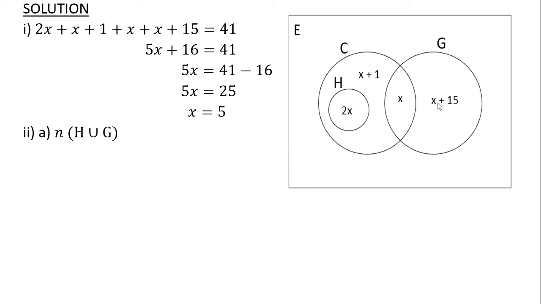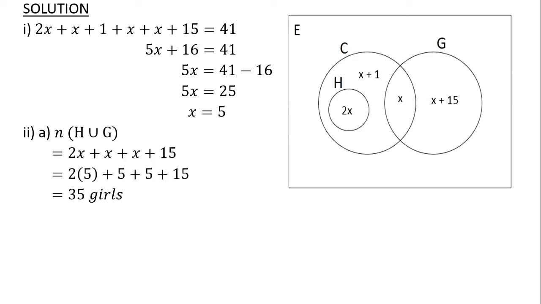Then we have geography. Where there's x, we'll put a 5. So we have 5 plus 5 plus 15, which gives us 25. So we have 10 plus 25, which gives us 35. So there were 35 girls who were taking history and geography.